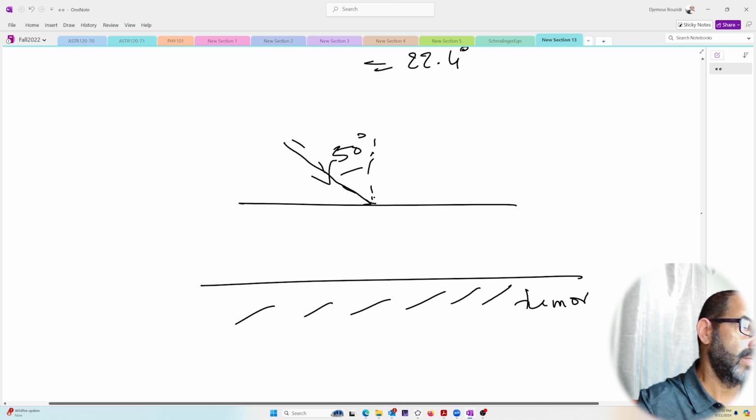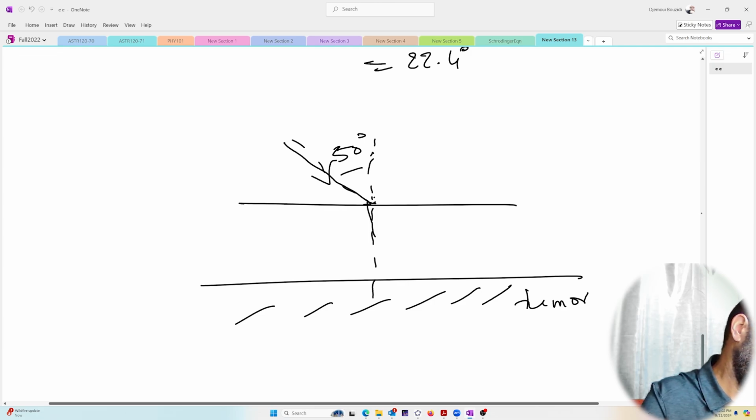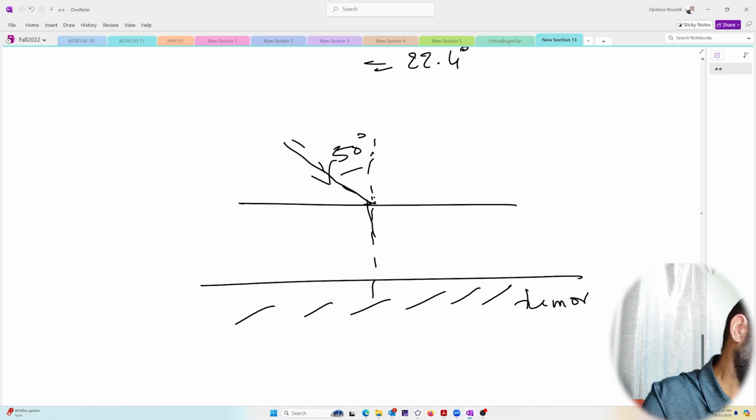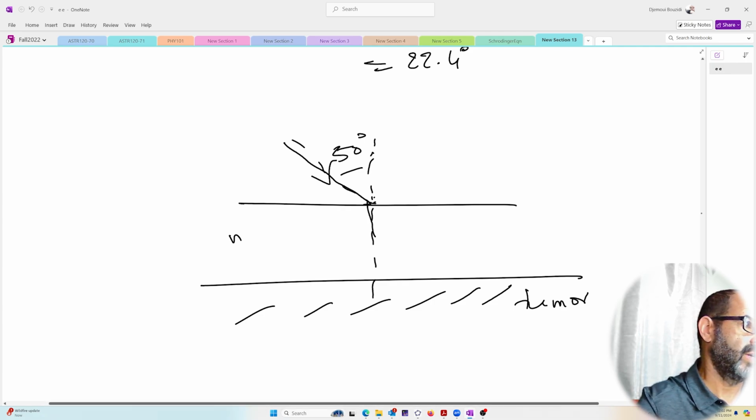It is going to be bent in here because the speed of sound in this case is 10% less in the liver. So it's going to bend. This index of refraction is higher if you want to use the law of refraction, so this angle is going to be less. We need to find this angle basically.